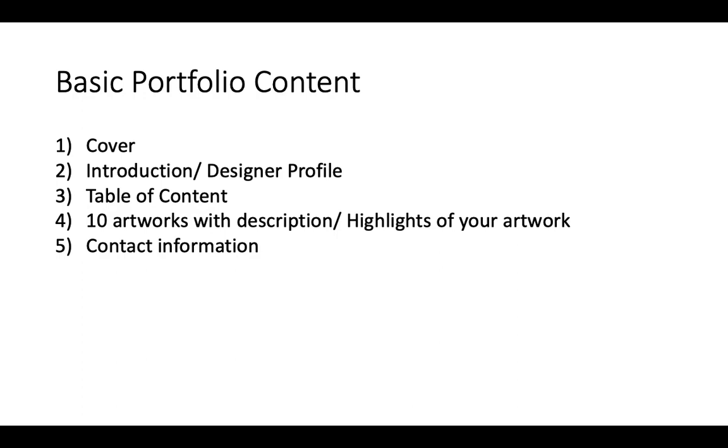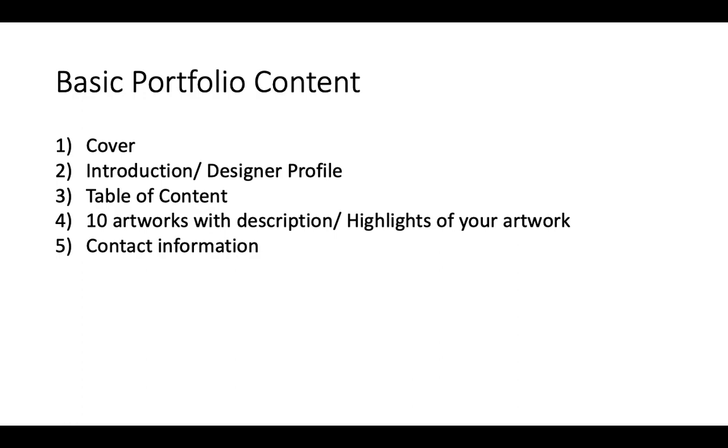This is the basic portfolio content that you should have. There are five contents, and there are other elements if you want to add on, that is up to you.